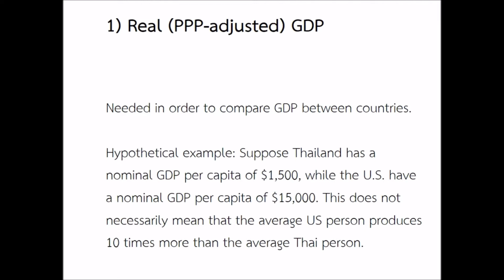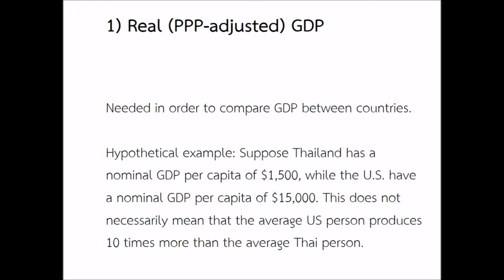First of all, what is real GDP when it's defined as nominal GDP adjusted for purchasing power parity? This type of real GDP is needed in order to compare the GDP between countries. Let me give you an example.